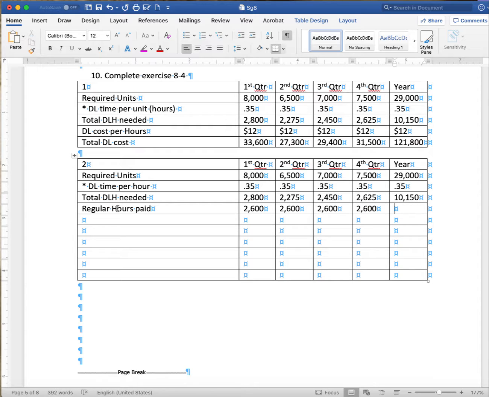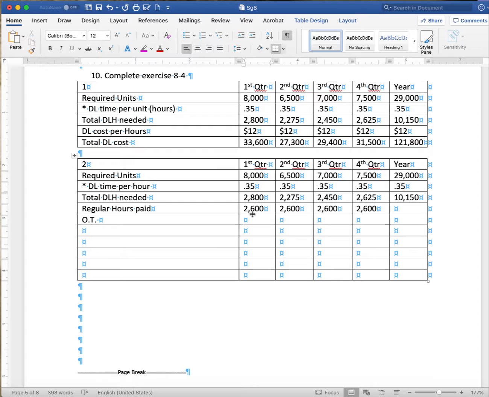So they're guaranteed this for all 4 quarters. We're going to compare the regular hours with the total direct labor hours that we need, and we're going to see, is there any overtime? Well, if we look at quarter 1, we need 2,800 hours.